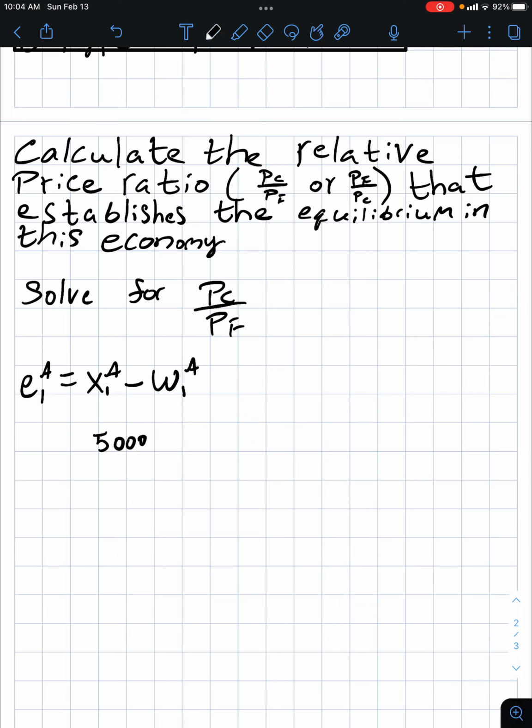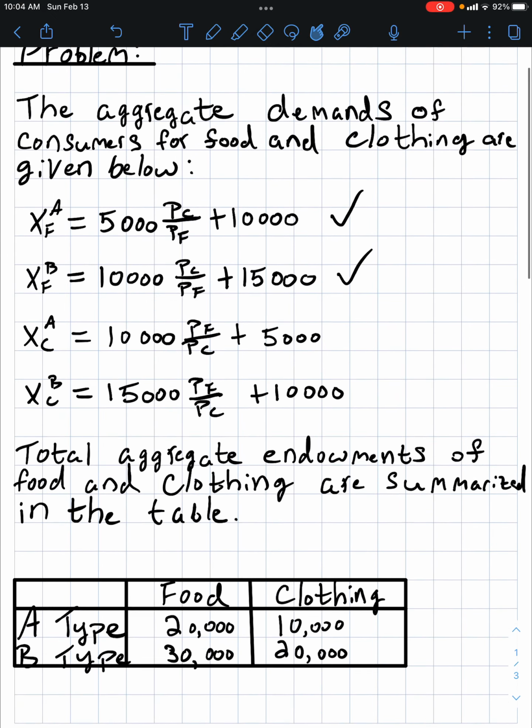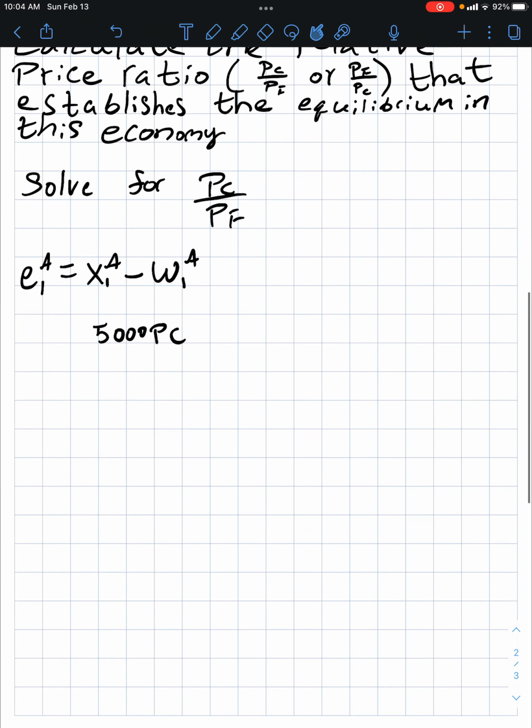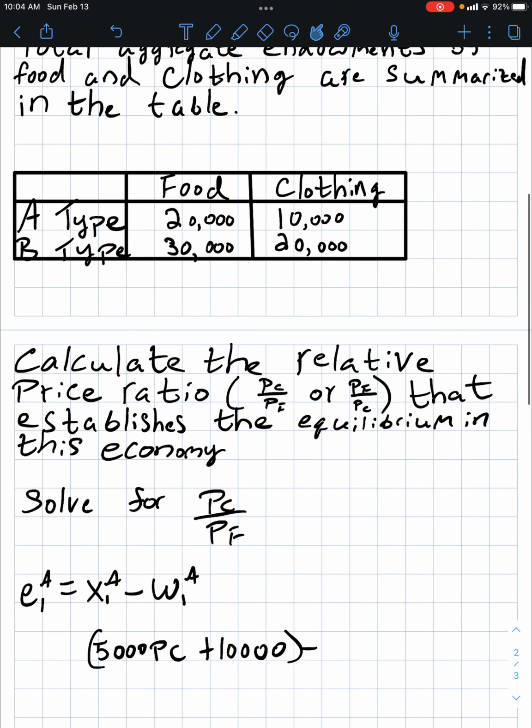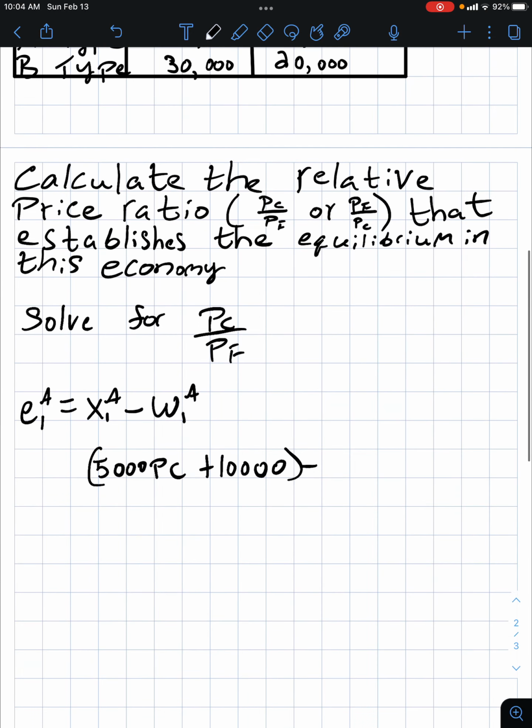This equation is essentially just 5,000 PC plus 10,000, minus, and now we'll look at type A for food, which is 20,000.